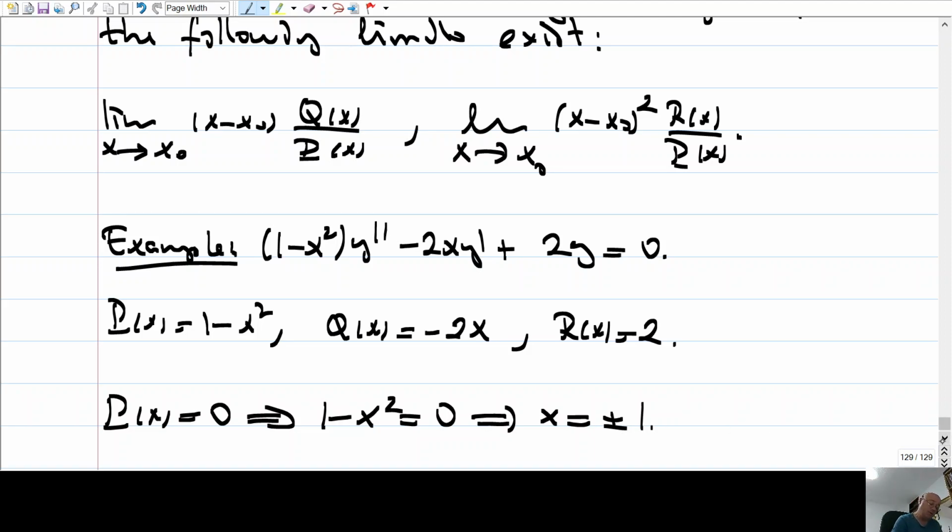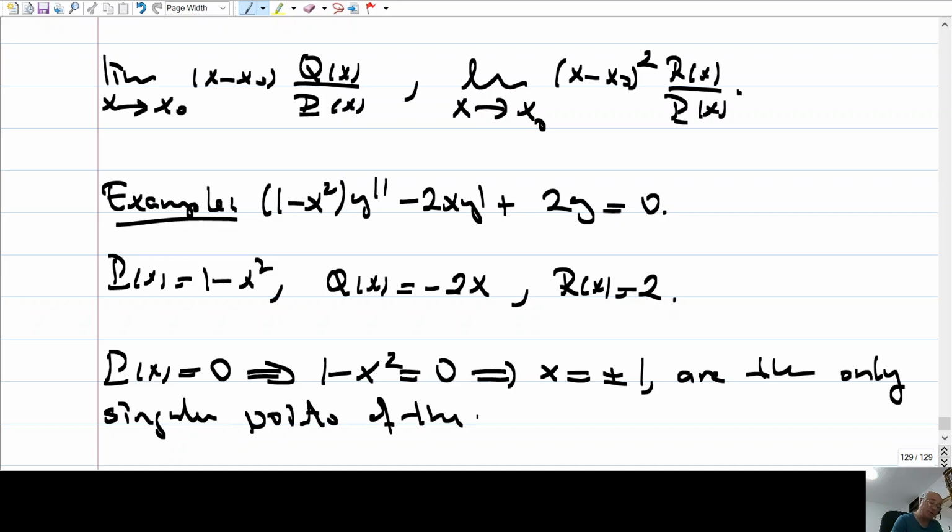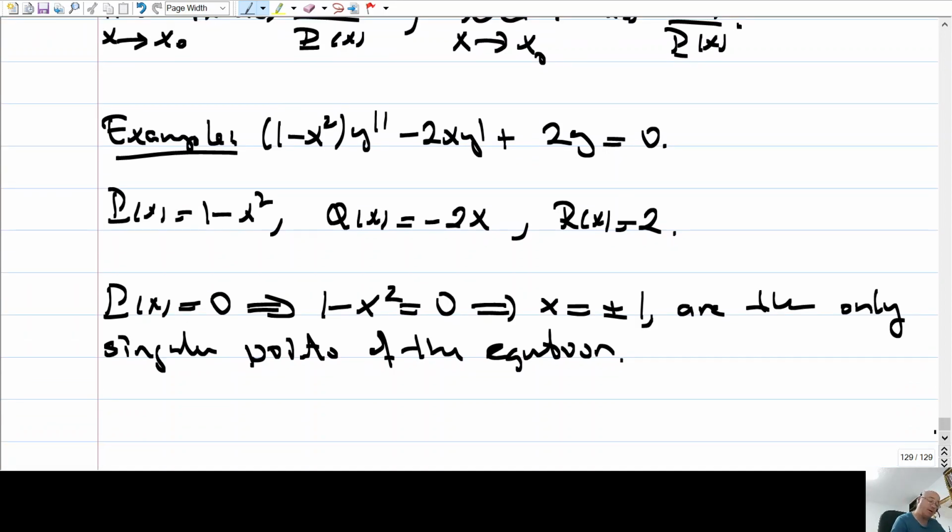So these are the only singular points of the equation. Okay? All other points are ordinary, and life is easy, kind of, right?